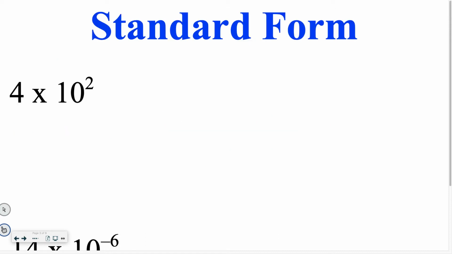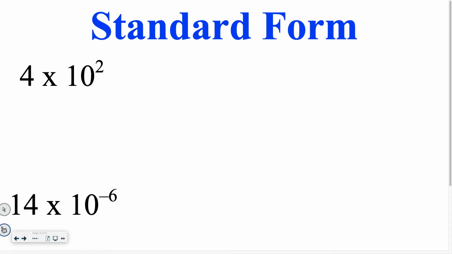Okay, so let's practice converting from scientific notation to our standard form. So this is my scientific notation. You can see I have a number that's greater than or equal to 1, but still less than 10. Okay, so 4 meets that requirement.